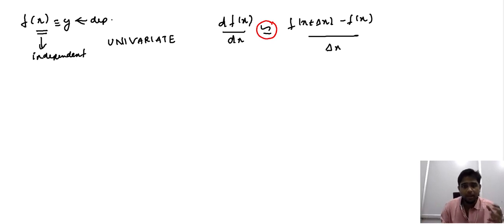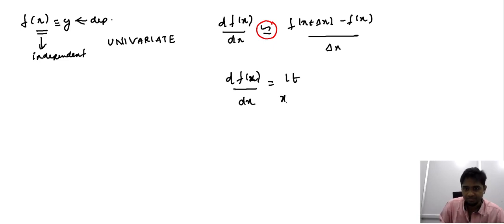Now when we want an accurate expression for the derivative of f of x, we need to introduce a specific condition, that is the limit delta x tends to 0. When we introduce this specific condition, the same expression becomes more accurate.